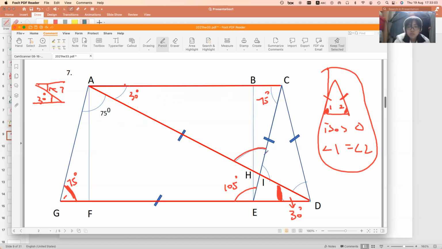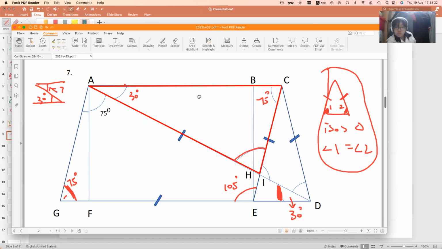Can you find this one? I think yes. Why? Because you can actually extract this triangle out. Can you see the red triangle now?